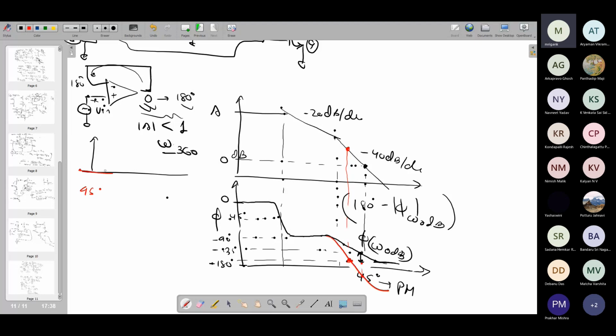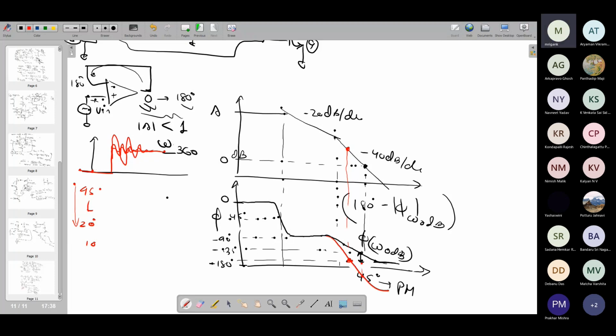If you give a step response to a feedback system with a phase margin lower than 45 degrees, it will have ringing, because lower phase margin means it is becoming more unstable. If you go lower than 45 degrees, say 20 or 10 degrees, this ringing will further increase. It is still not unstable. It will not lead to sustained oscillation, but it will lead to some damped oscillation if your phase margin is reducing from 45 degrees and below. So in order to get a maximally flat response, we target 45 degree phase margin.